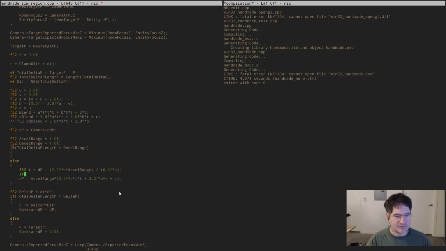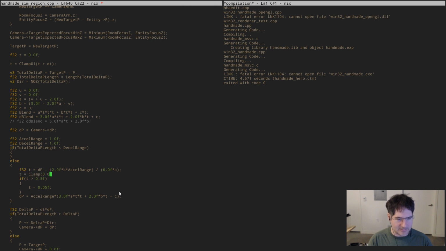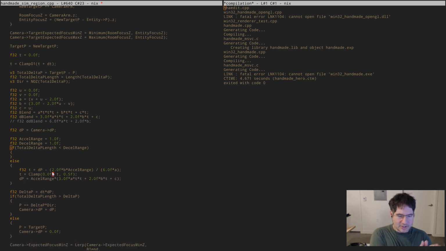So we would essentially say, like, if t is greater than 0.5, t equals 0.5, right? Another way to say that would be t equals clamp between 0 and 0.5. Meaning, look, we're going to accelerate to max speed if we can, and only if we're inside the deceleration range would we back down, right?